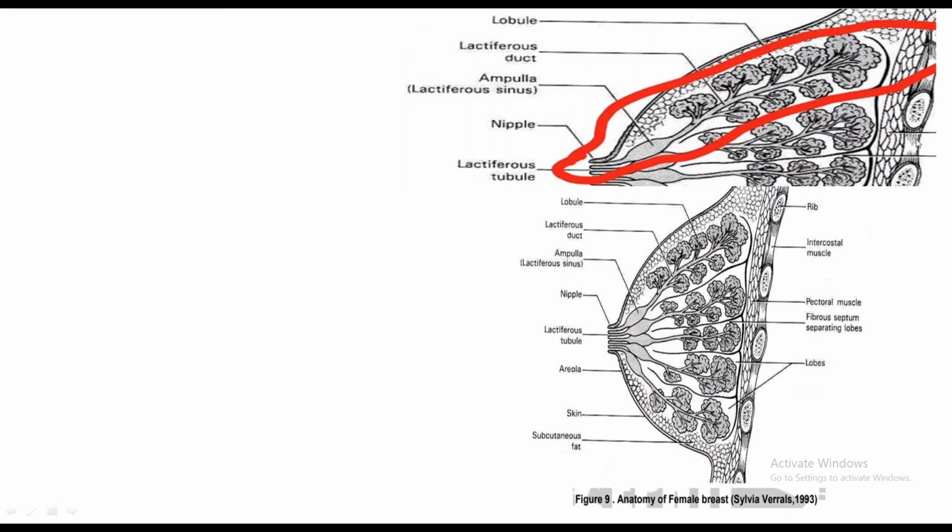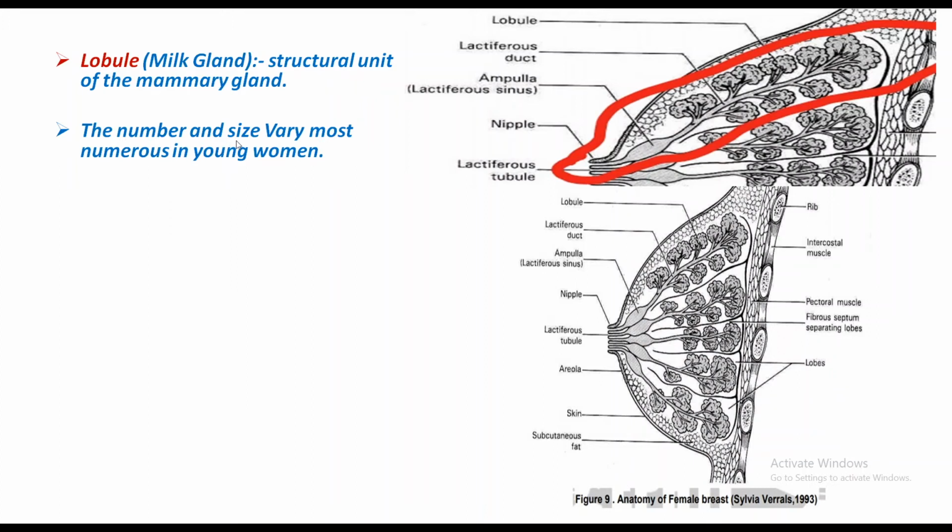We will be describing this portion which will have the lobule. The lobule is also called the milk gland. You can see here is the lobule. It is the structural unit of the mammary gland. The number and size vary, most numerous in a young adult, and 10 to 100 lobules empty via ductules into the lactiferous duct.